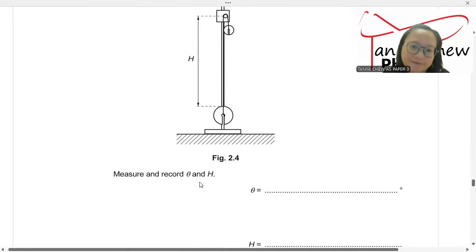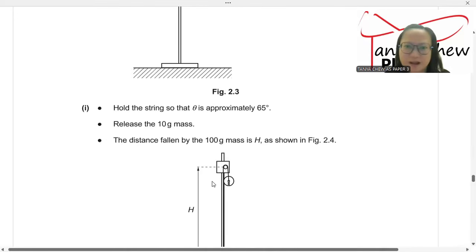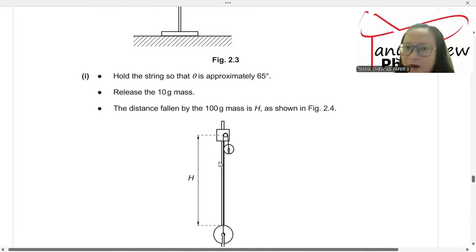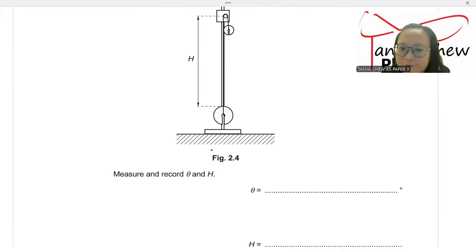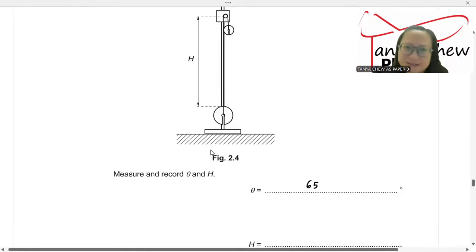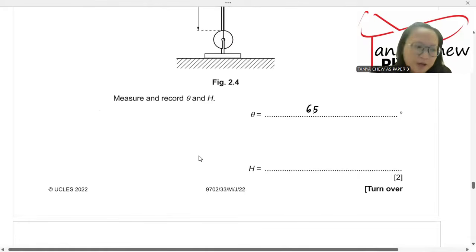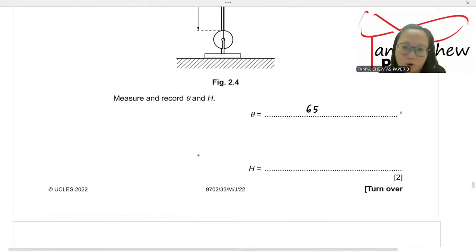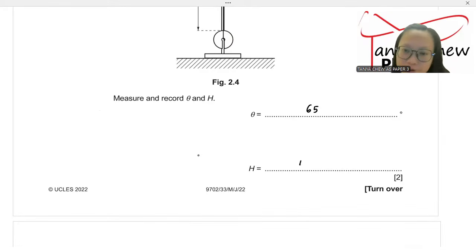Measure and record theta and h. Since they asked us to measure so that theta is approximately 65, I try my best. I get 65. You could get 64 maybe, or 66, just a little bit more or less than 65. It doesn't matter. The h that I got was 52.2 cm.